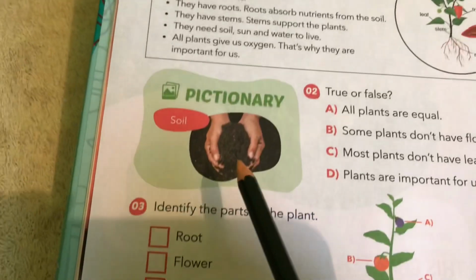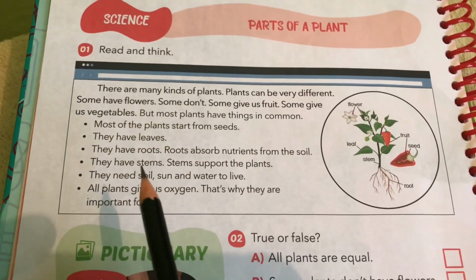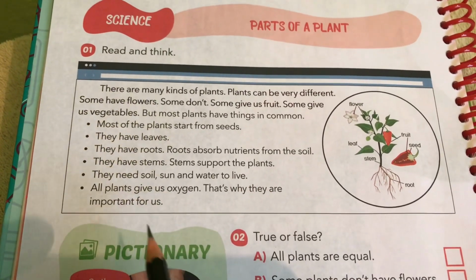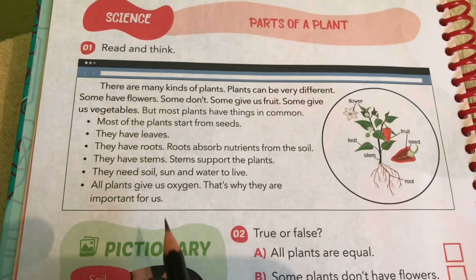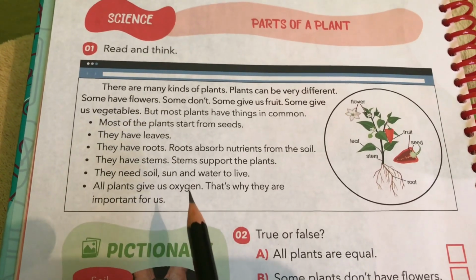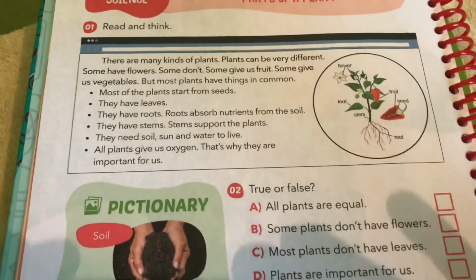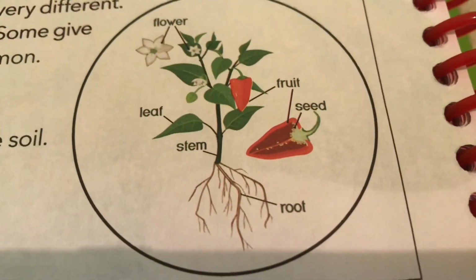Look, the soil. They have stems. Stems support the plants. They need soil, sun, and water to live. All plants give us oxygen. That's why they are important to us. So here we have a plant.